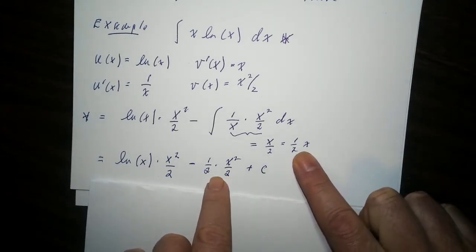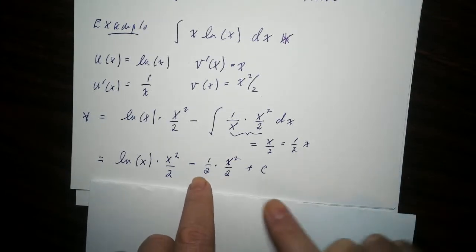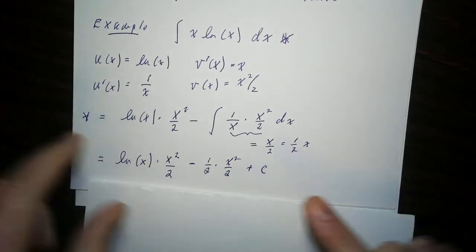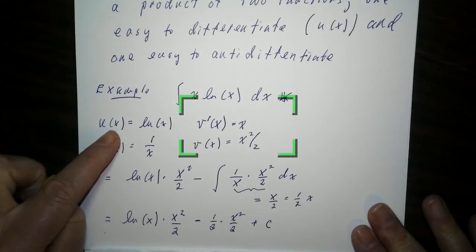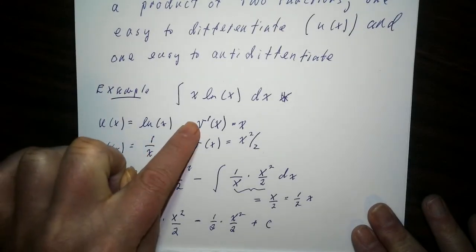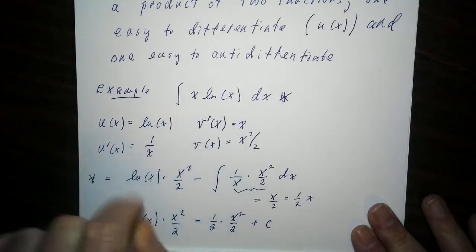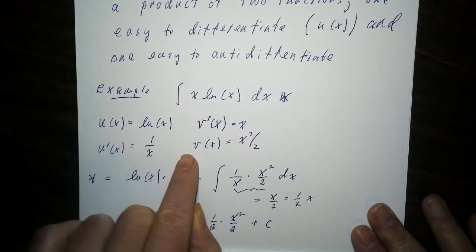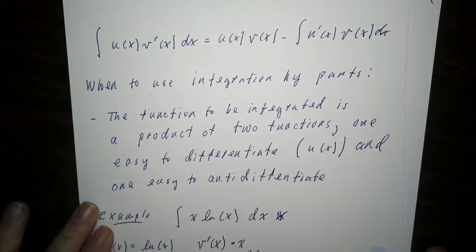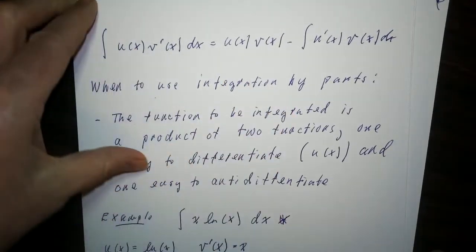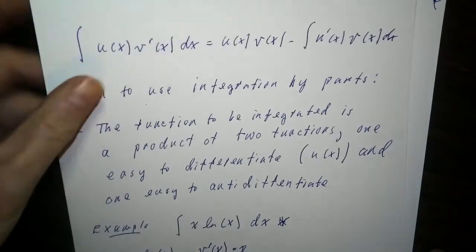That's the antiderivative of 1/2 x. Of course we could simplify this to be x squared over 4. So again, we identify our u, we identify our v prime by looking at the integral. We need to compute u prime, we need to compute v, and then we use the integration by parts formula, and there will always be a second integral to evaluate.